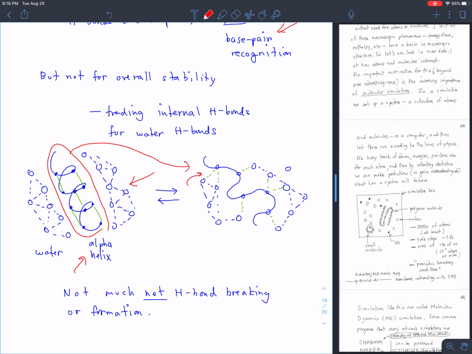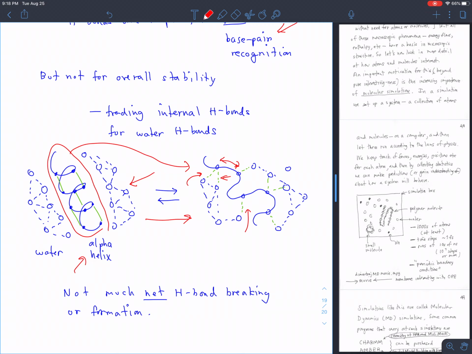The water itself is all hydrogen bonded up and is a hydrogen bonding solvent. And so the hydrogen bonds don't really get broken. They just get replaced. Instead of hydrogen bonds between units within the molecule, it's hydrogen bonds between something on the molecule and the water surrounding it. And so the net energy change due to the breaking of the hydrogen bonds usually isn't very big. Mostly the hydrogen bonds get replaced.